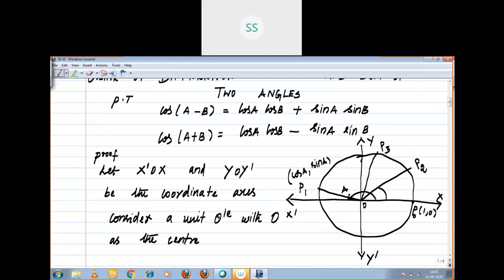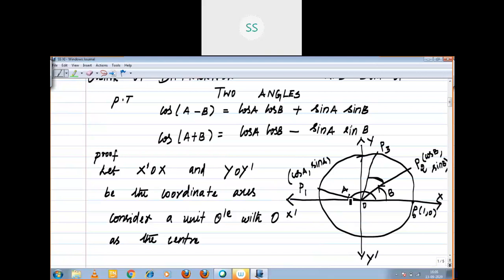This one is P2. Here the angle is B. So what is the coordinate here? Cos B, comma sin B. X should be represented by cosine, Y should be represented by sine.